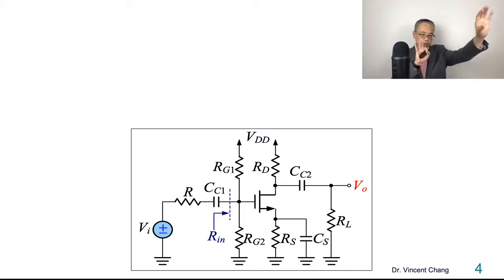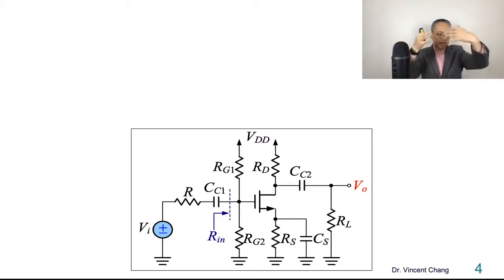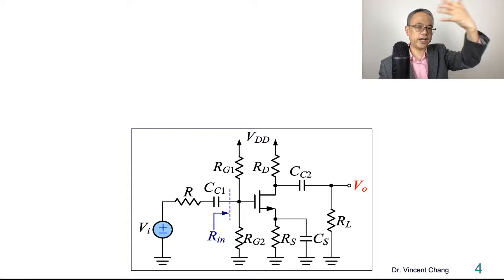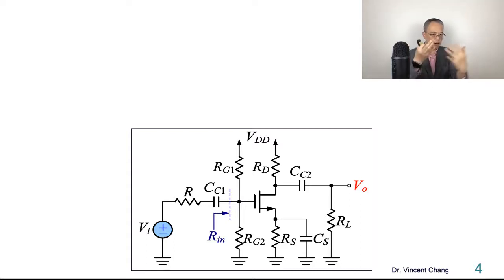You can have VO divided by VGS times VGS divided by VI. Remember the analysis by inspection: VO divided by VGS, based on Ohm's law, is negative gm times RD, ro, and RL, the three resistors in parallel combination.